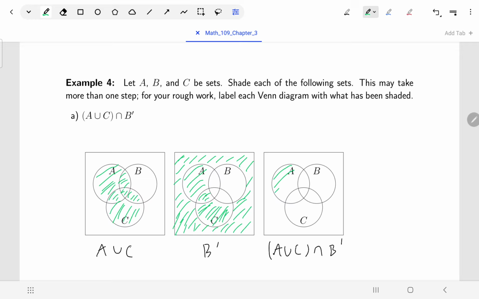The only A by itself got shaded for both. The just inside of A and C, not including B, was shaded for both. The only inside of C, not including A, not including B, that was shaded for both. And everything else was either shaded once or wasn't shaded at all on either diagram, so that'll be unshaded for our last picture.